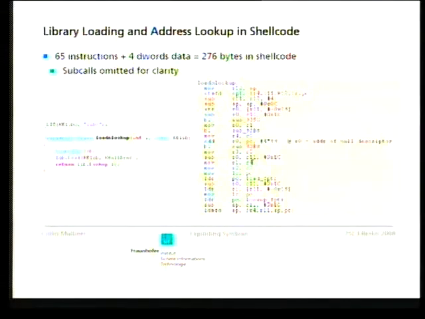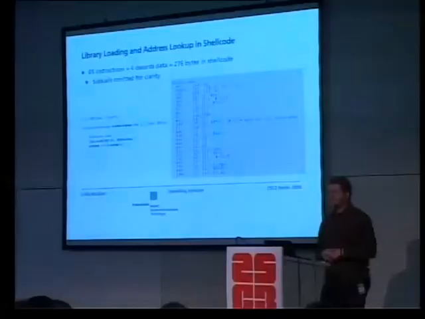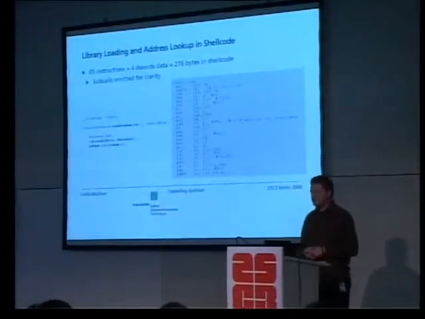Since we're going to need library loading code, I wrote a very small, compact piece of code, 276 bytes, which, if you come from the PC world, is already a big part of an exploit.